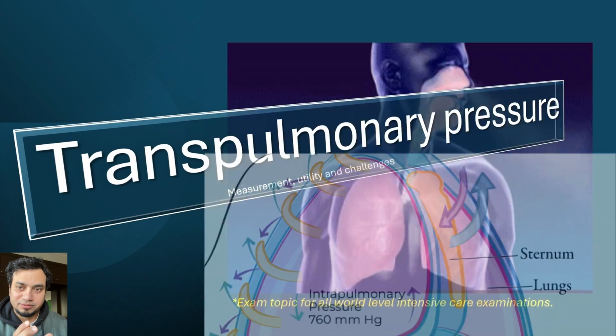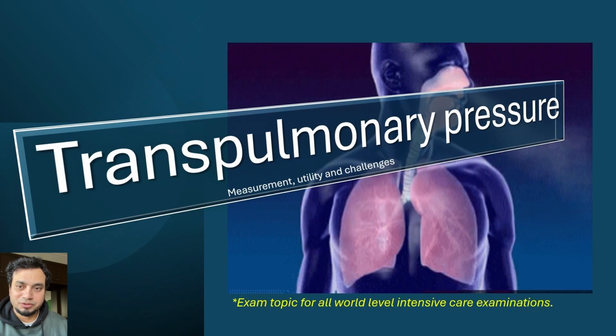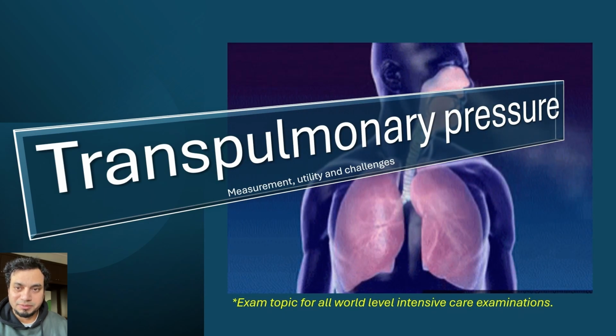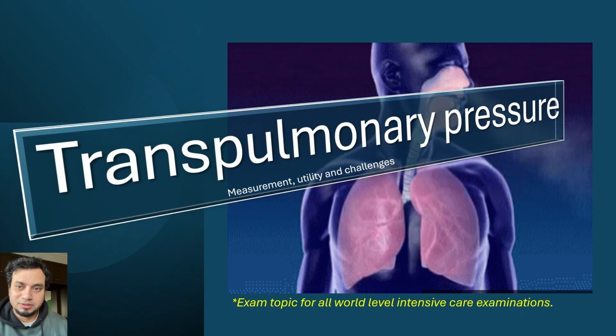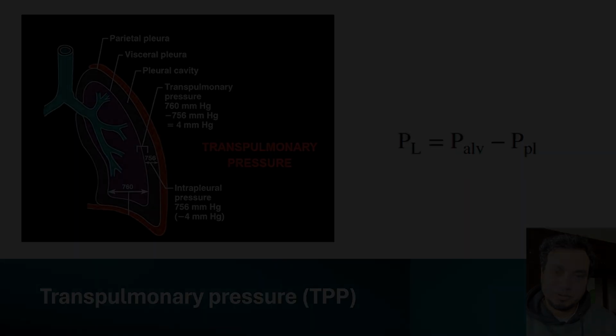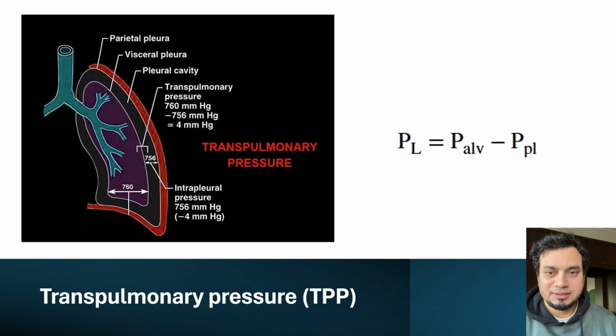This difference is known as transpulmonary pressure, the pressure across the lungs, and this is the true distending pressure. Mathematically, as I said, TPP is the difference between the intra-alveolar pressure and the pleural pressure.